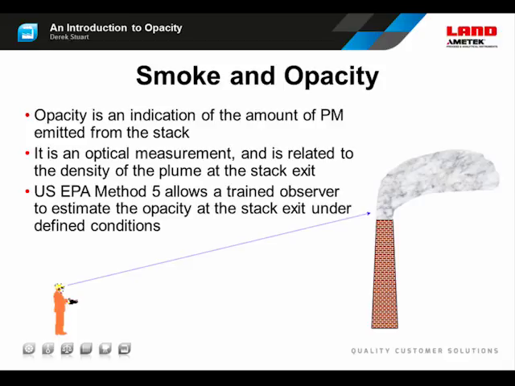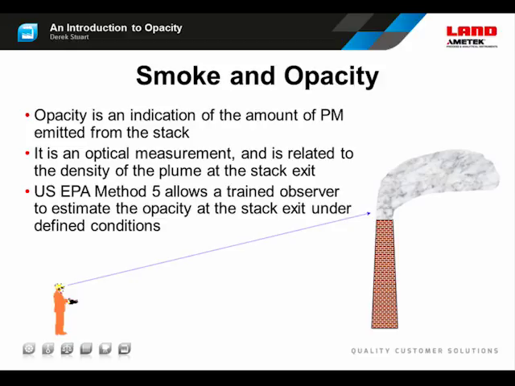It's an optical measurement, and it's measuring the density of the plume at the stack exit. And there's a legally regulated technique called US EPA Method 5, where a trained observer under defined conditions can look at the stack exit and from the training can estimate the amount of opacity of the stack plume.